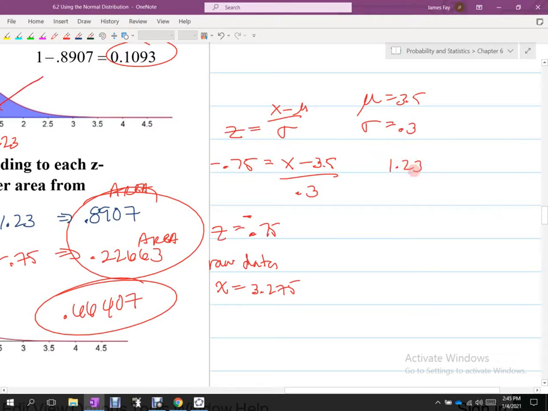So 1.23 equals x minus 3.5 over 0.3. We'll do the same thing there, 1.23 times 0.3, and add to it 3.5. A z-score of 1.23 gave a raw data value of x equals 3.869.